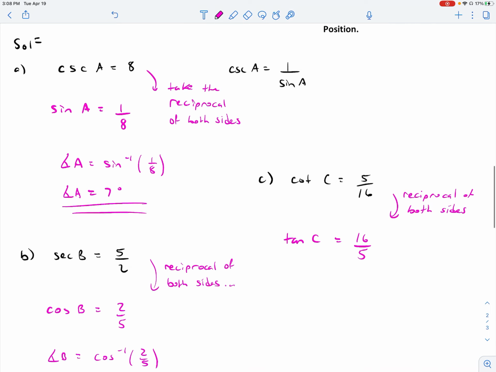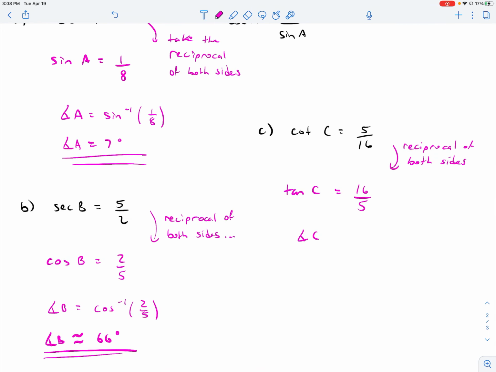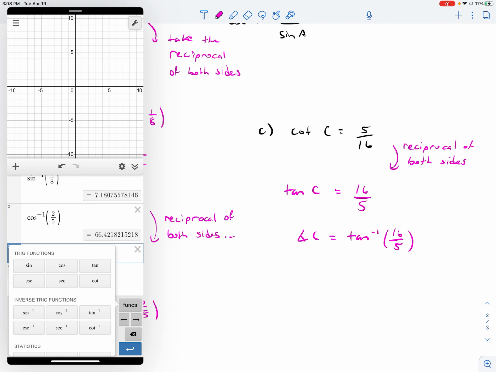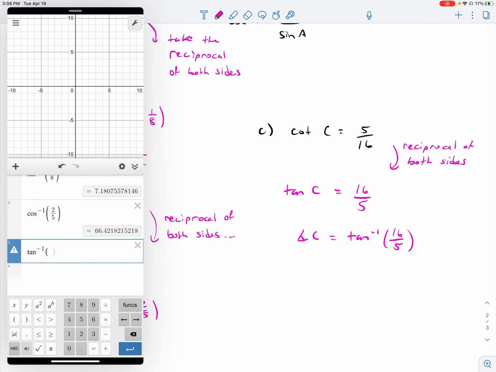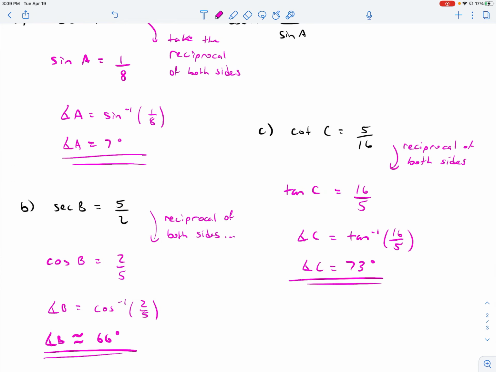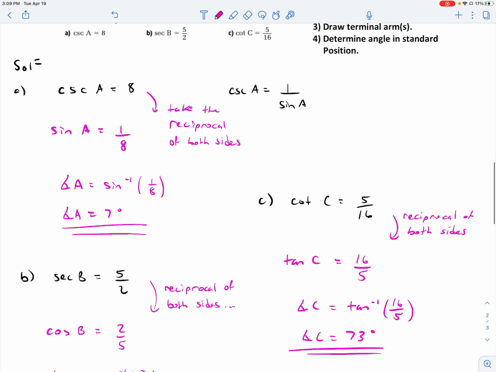Now we can solve for angle C by doing the tan inverse. You'll probably have to hit second tan on your calculator, and then do 16 divided by 5. That gives 72.6, so we can round up to 73 degrees. So that is how we do those questions.